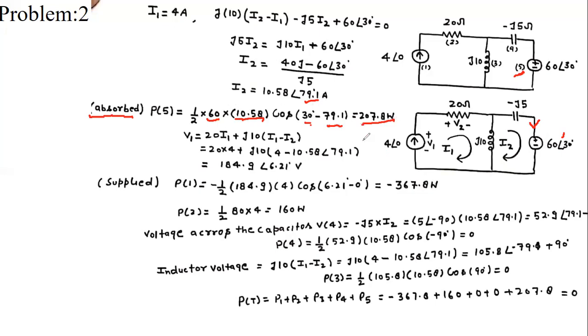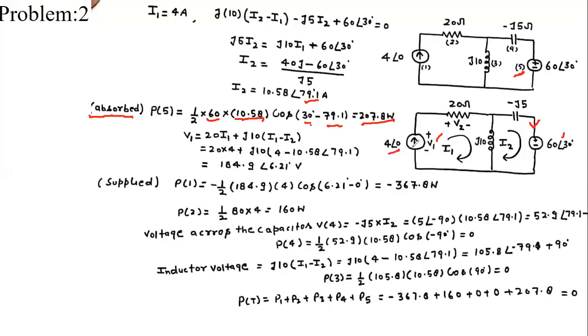Now we are interested in the power of the source. V1 is representing the voltage across the 4∠0 source.